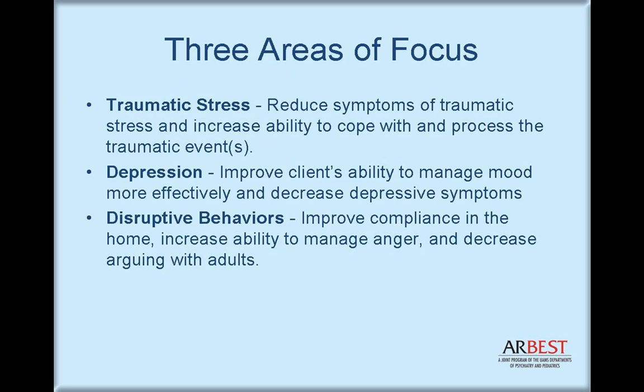And thirdly, we look at disruptive behaviors: improve compliance in the home, increase ability to manage anger, and decrease arguing with adults. Now why these 3 areas of focus? When ARBEST was first started over 3.5 years ago.